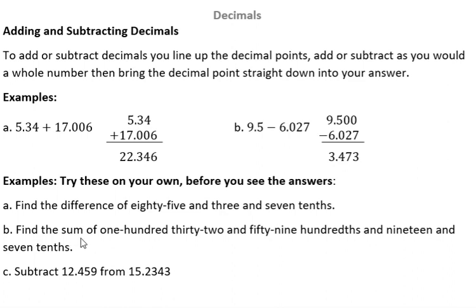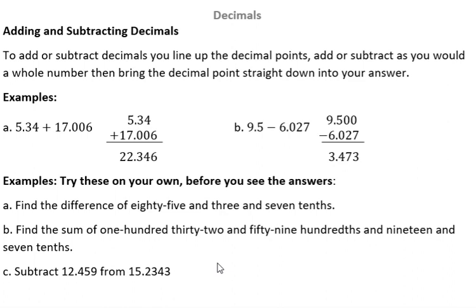The second one, find the sum of, and the sum means you're going to add 132 and 59 hundredths. That's one number there, 132 and 59 hundredths. And that's just separating the numbers, and now 19 and 7/10. So write down how you think that would look as an addition problem.